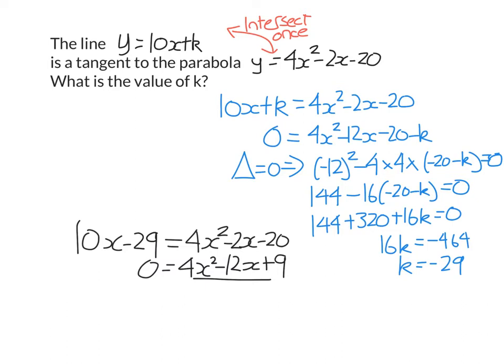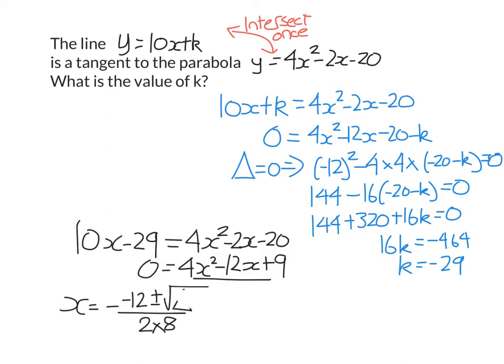Because I already did that, I'm going to use the quadratic formula this time. So to solve this equation, x is equal to minus b plus or minus the square root of the discriminant over 2 times a. Now remember, I found that if k is minus 29, the discriminant is equal to 0.